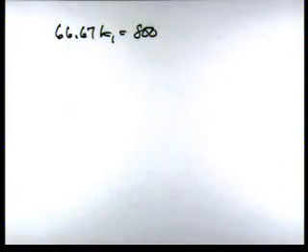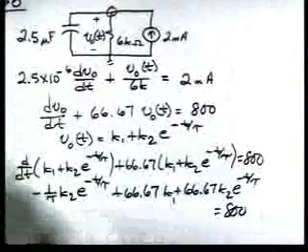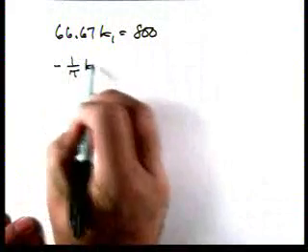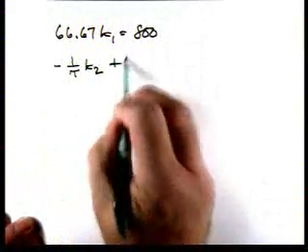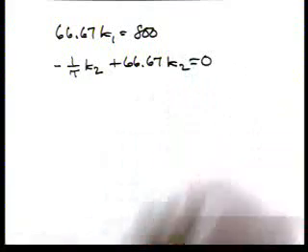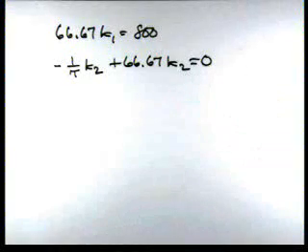And the other thing we can conclude, the terms that are multiplied by e to the minus t over tau, we have minus 1 over tau K2 plus 66.67 K2 has to equal 0. So these terms cancel out.